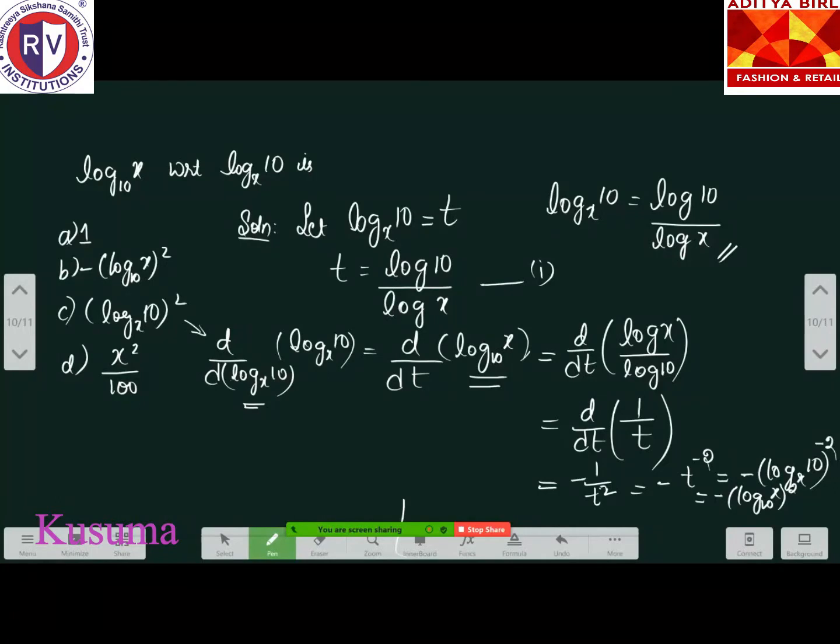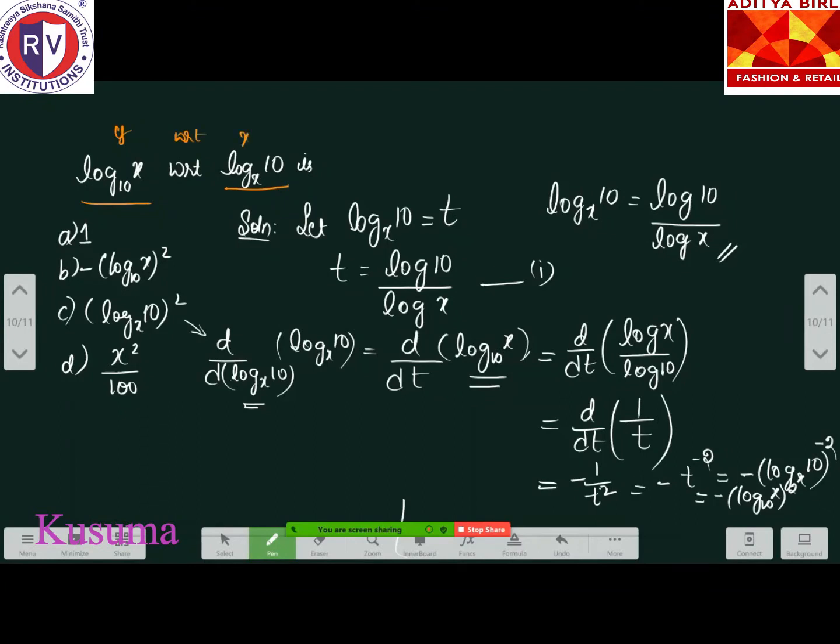See here, in the question it is given that you have to find out the differential coefficient of log x to base 10 with respect to log 10 to base x. It is like differentiating y with respect to x.